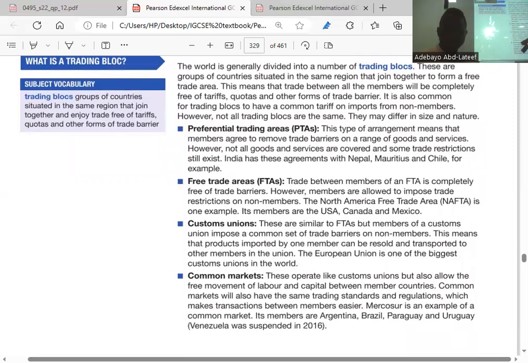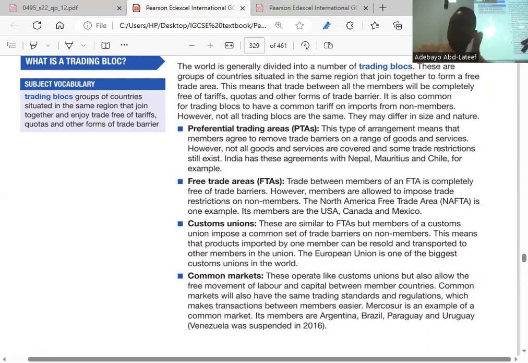Free trade areas. Trade between members of an FTA is completely free of trade barriers. However, members are allowed to impose trade restrictions on non-members. For free trade areas, between the members, they allow it. But when it comes to other countries that are not part of the trade bloc, they might restrict them. So you decide. We are in the same trading bloc, yes, but I won't decide for you to stop other countries from coming to your country.